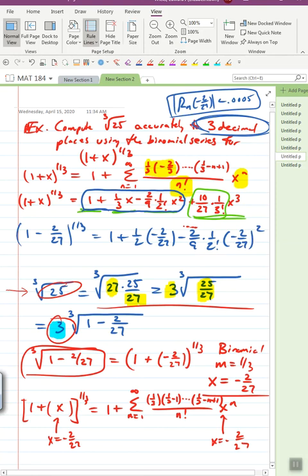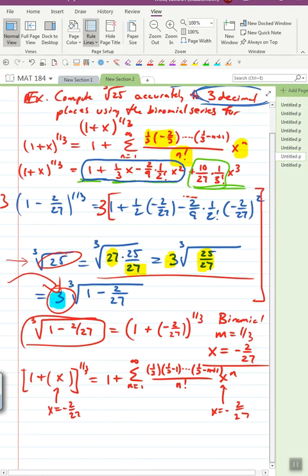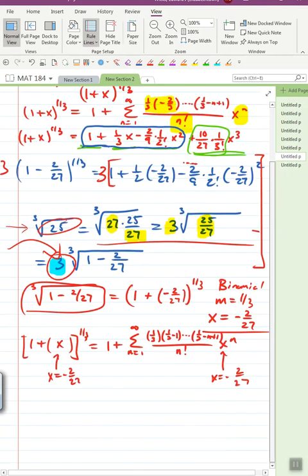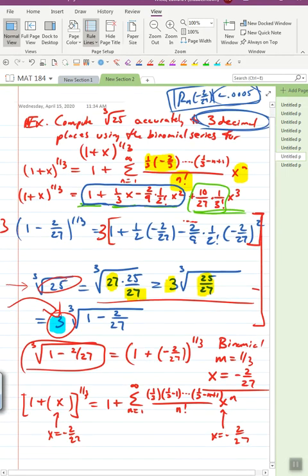I know my accuracy will be as good as I want it because of what I showed on the next page. Now don't forget, what's the one thing I've left out here? There was a 3 in front of this, so I would have to put a 3 in front of this. That 3 will not affect the number of terms necessary to get the accuracy you want.